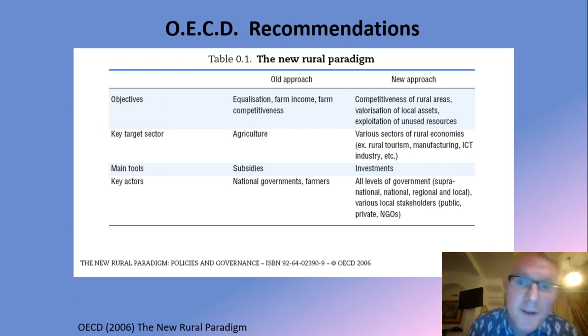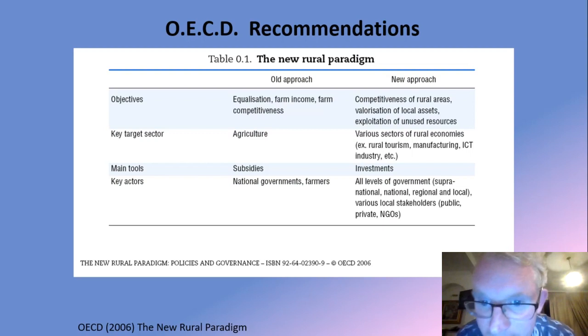In the past, the key actors in the dialogue around economic development, especially in rural areas, very much involved national governments and farmers. Now this is much broader. It is much more collaborative. So basically all levels of government, supranational, national, regional, local, are involved in the decision-making process, but they also have to very much consult and engage with various other local stakeholders, whether they be public, private, or non-governmental organisations.